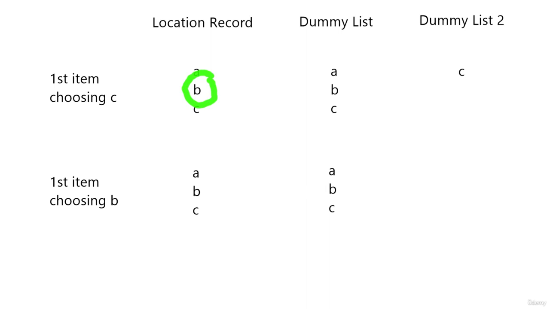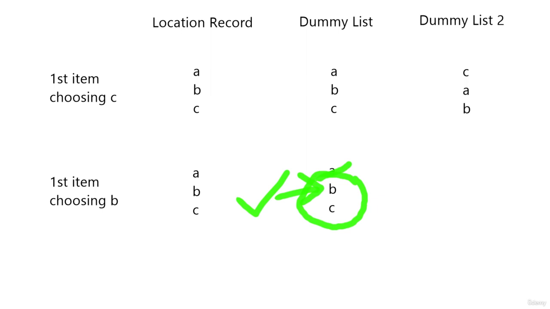The second item in the location record is B, and we have B and C where they are not the same. So delete both B and C in the dummy list. And we have A remaining as the second item in the dummy list 2. The last one is just the remaining item after deleting the 2 items in dummy list 2 from the dummy list.